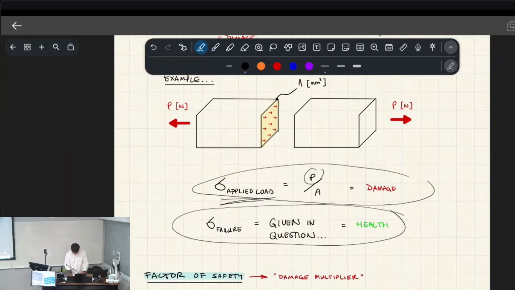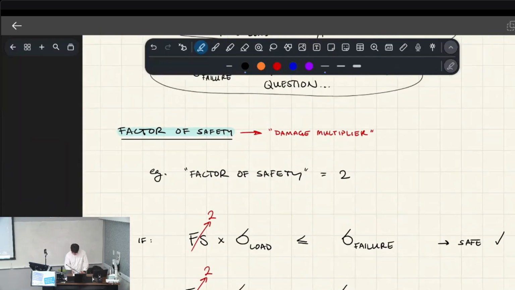Okay. All right, so here's where it gets interesting. So factor of safety, this is basically a way for engineers to add a margin of safety. Okay, so what that means is imagine you're playing a game, right, and your hero is taking damage, right?